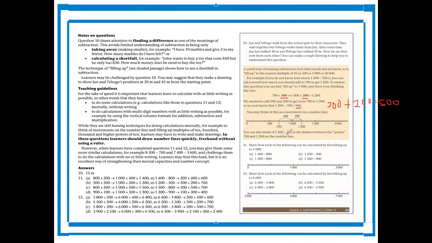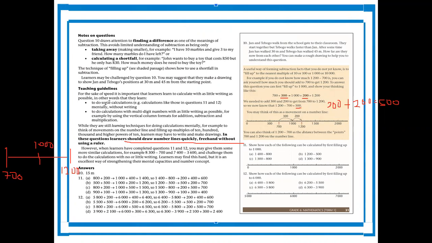You can also think of 1,200 minus 700 as the distance between the points 700 and 1,200 on a number line. If you do use a number line in the question, like it says here, remember, draw it freehand and without using a ruler. I don't really have enough space, but you would draw it like this. And then you would have your 700 here. Mine only looks really straight because the computer made it straight for me. And then we'd have a middle point here somewhere of 1,000.